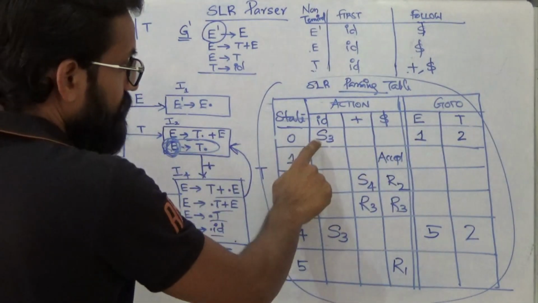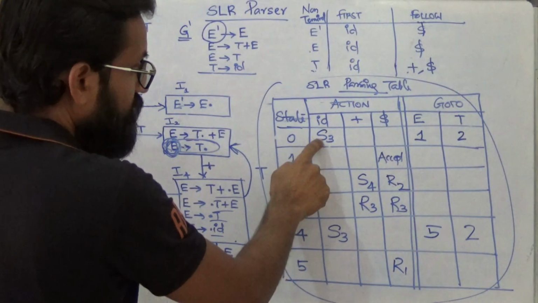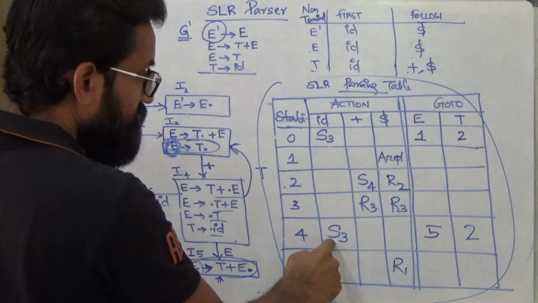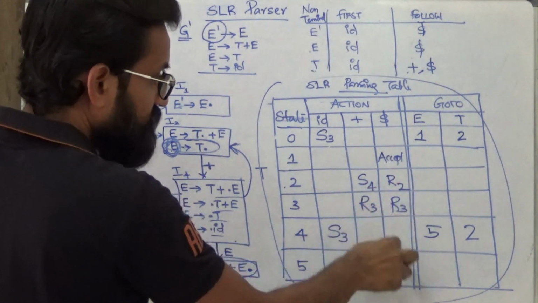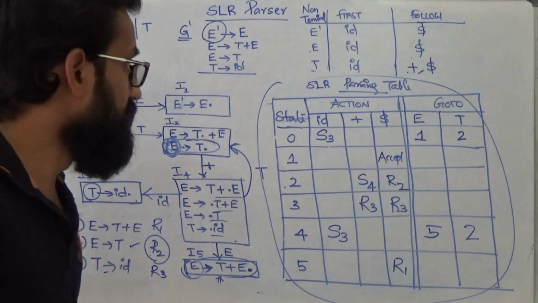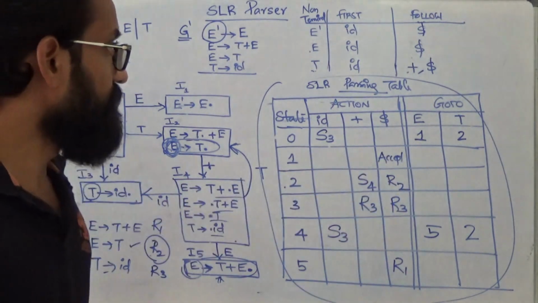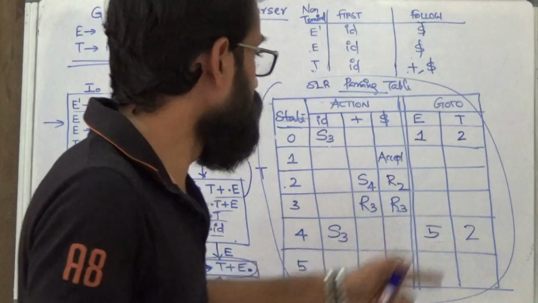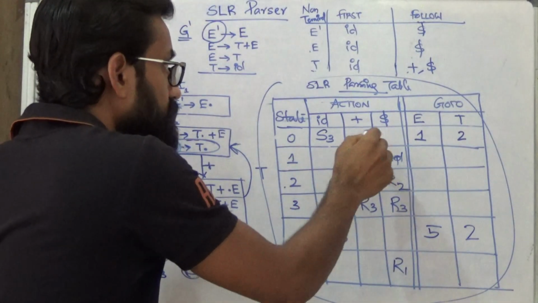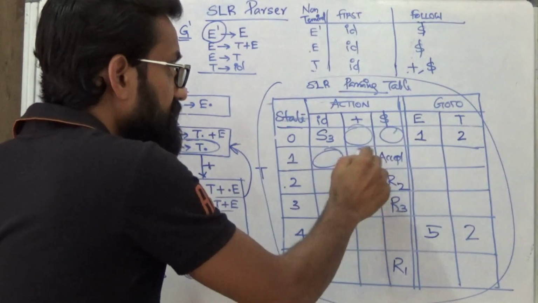So here S3 stands for shift operation, S4 stands for shift operation, S3 stands for shift operation. This R actually represents reduce operation by applying the corresponding production. Accept actually accepts the string, and these actually represent go to, and the blank entries actually represent error.